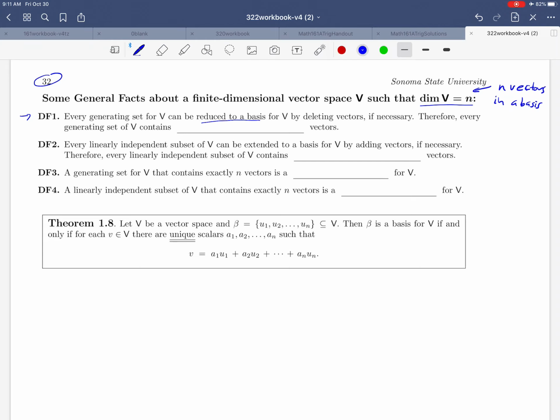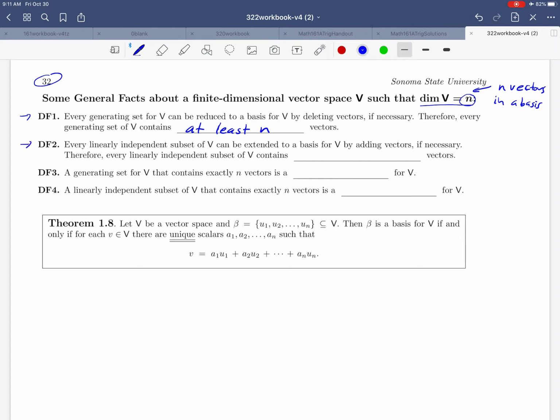What that means then is that every generating set of V has to contain at least n vectors. There's that number n, the dimension of our vector space. So it's telling us that any generating set has to have at least n things in it.